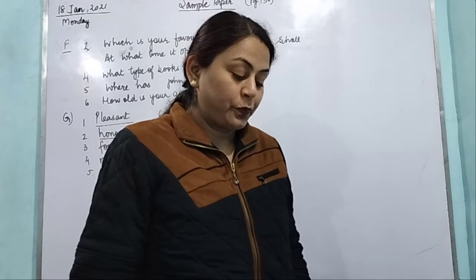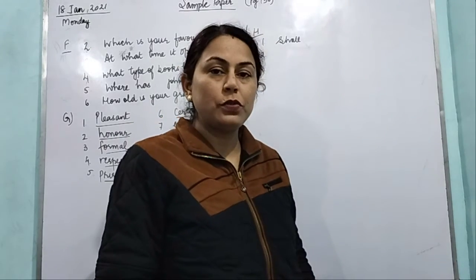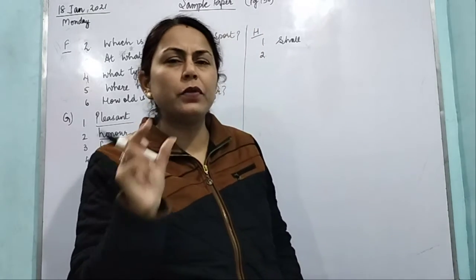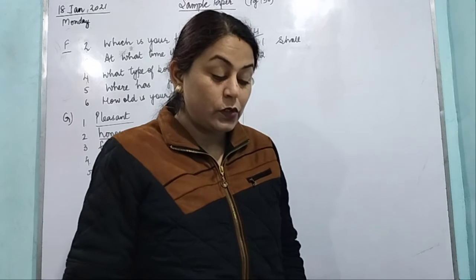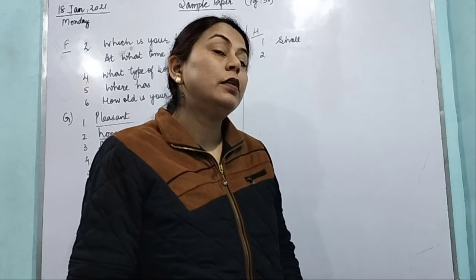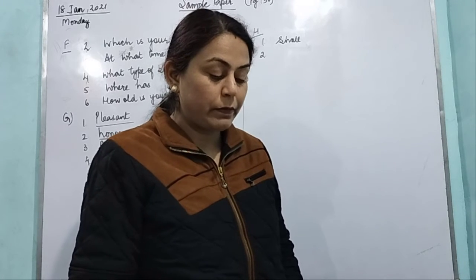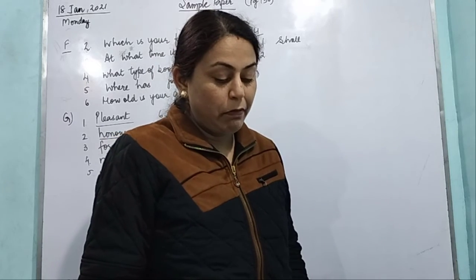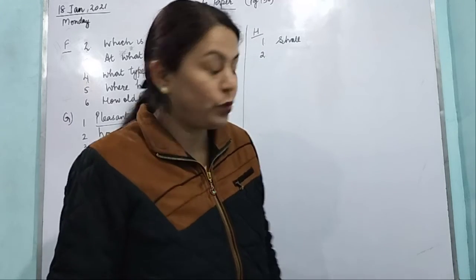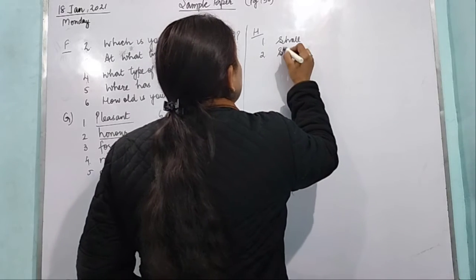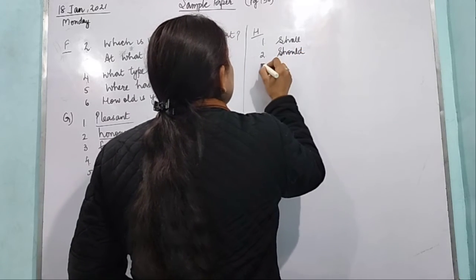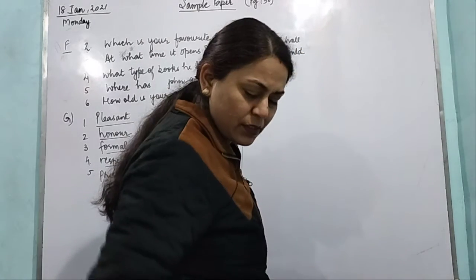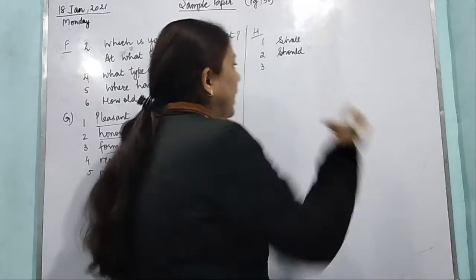There is a very minute difference between all these words, so we have to think before we write the suitable word. So we must respect our parents, or we should respect our parents. It can be "must" also.